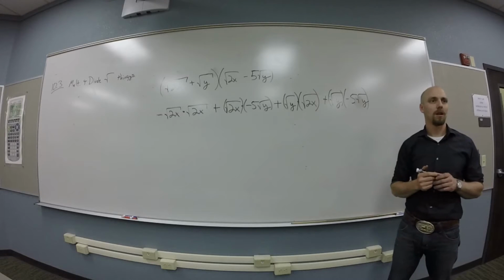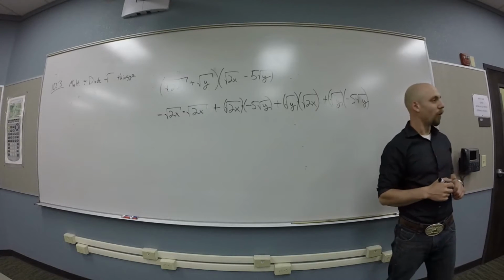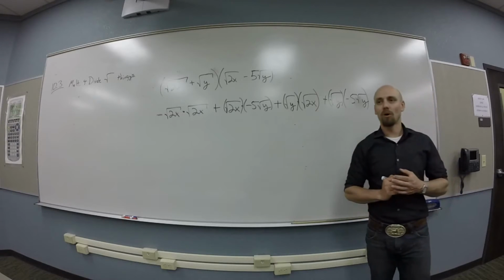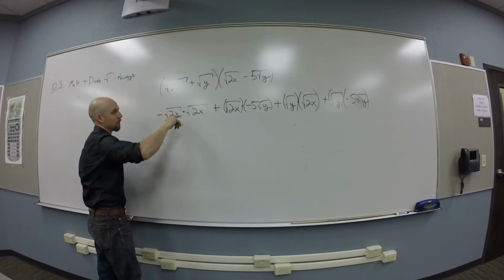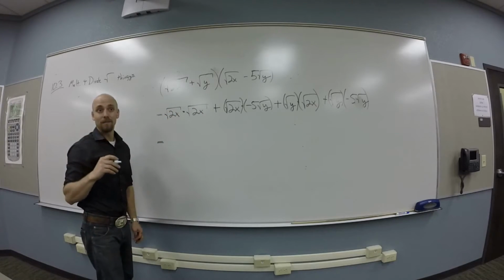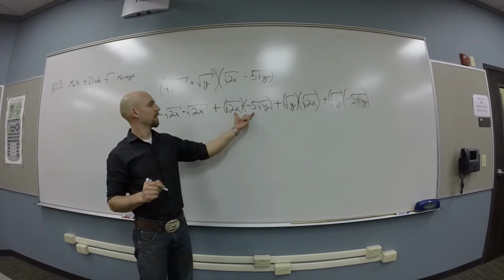So then what? We do each one. Yeah, now there's 4 little problems, right? So you do each one. So what do you get in this first bit? 2x. Awesome. How about in this next bit?